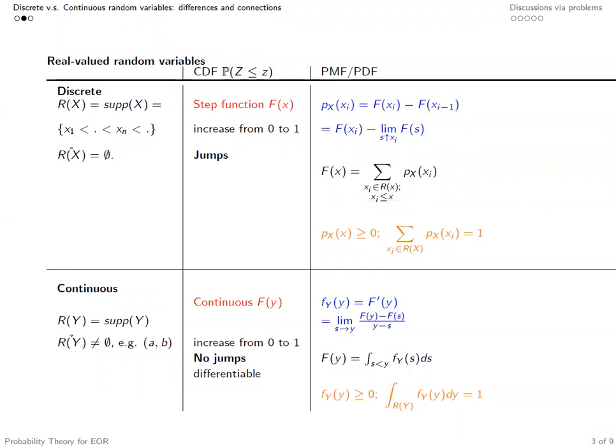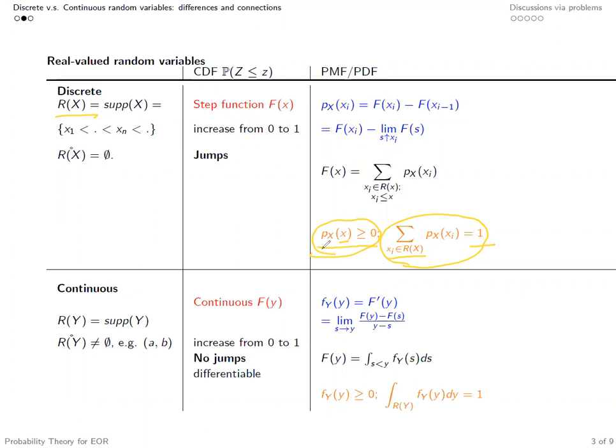And the probability mass function also has two properties to satisfy. First, it is non-negative, and strictly positive if x is in the support of X, or the range of this X function. And the sum of all the PMF values evaluated at x_i over the support of X is equal to 1.